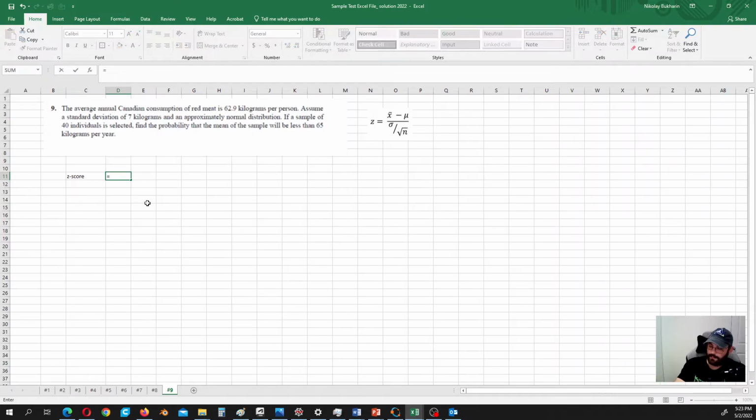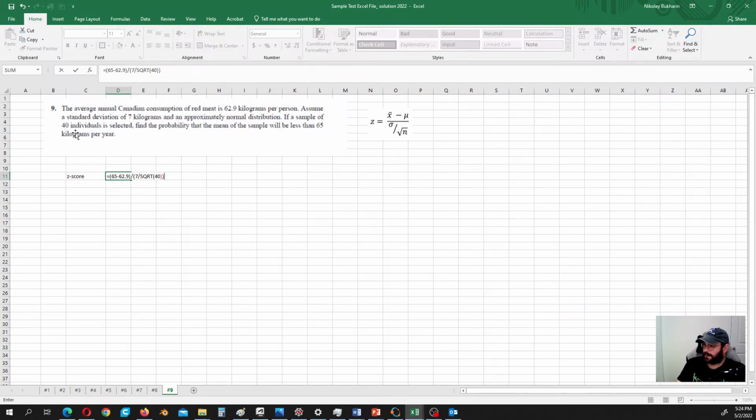It is equal to x bar, the mean of the sample, so that's 65, minus the mean of the population, 62.9, divided by the standard deviation, which is 7, divided by the square root of n, which is the sample size, and it is equal to 40.